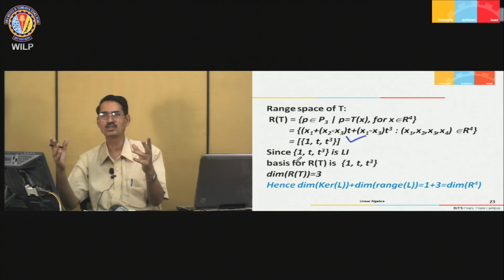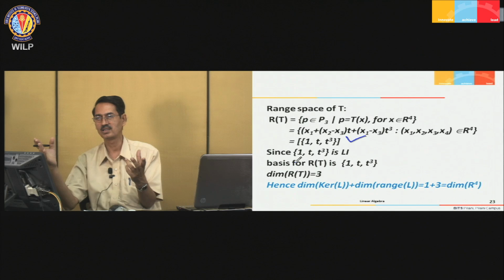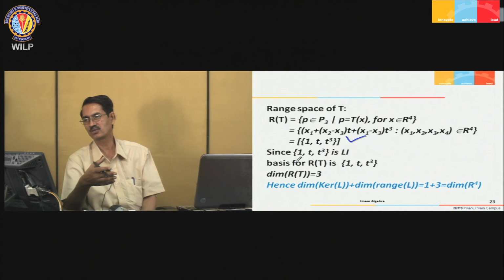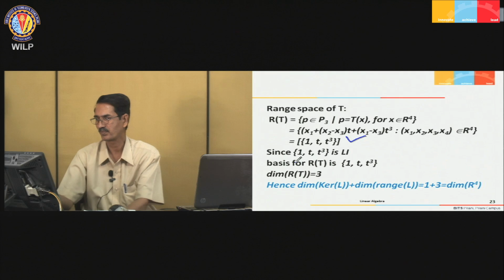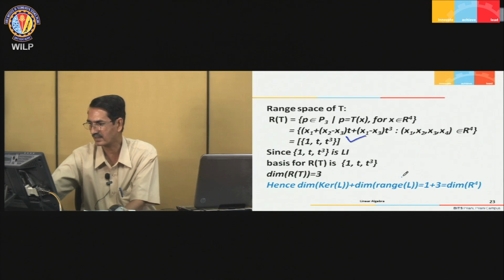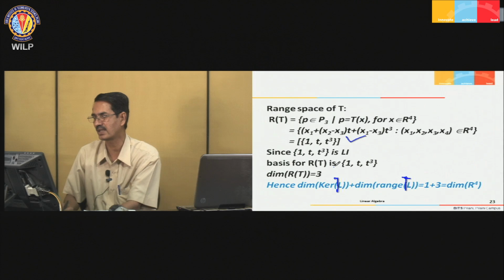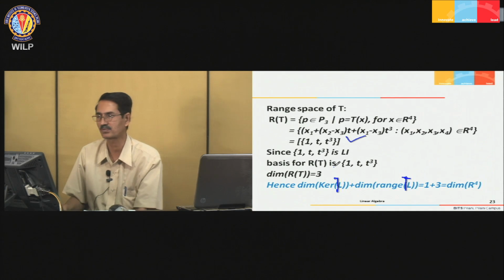The dimension of R4 over the field of real numbers is 4, and you see that the dimension of the range space of T plus the dimension of the null space of T is equal to the dimension of R4. So, the dimension of the kernel of T or null space of T plus the dimension of the range space of T is equal to the dimension of R4.